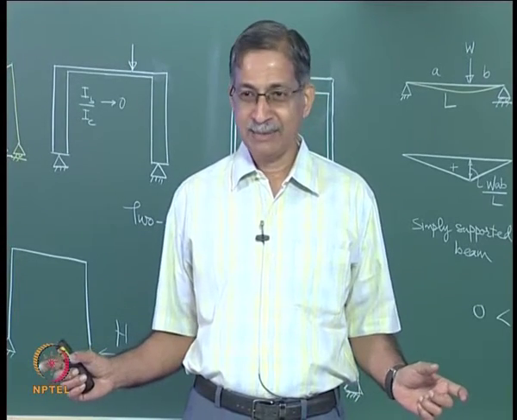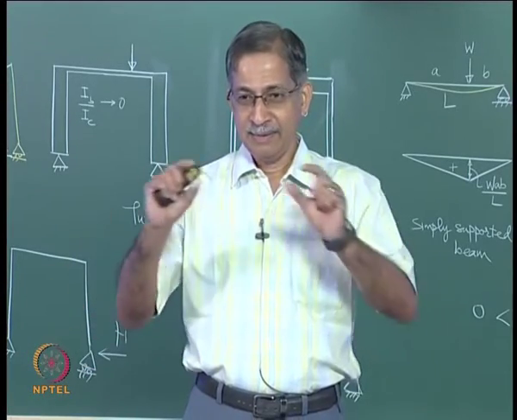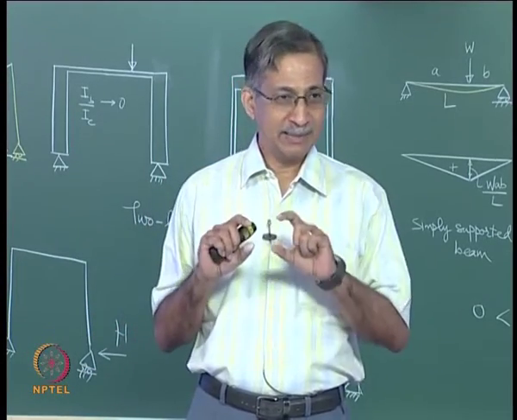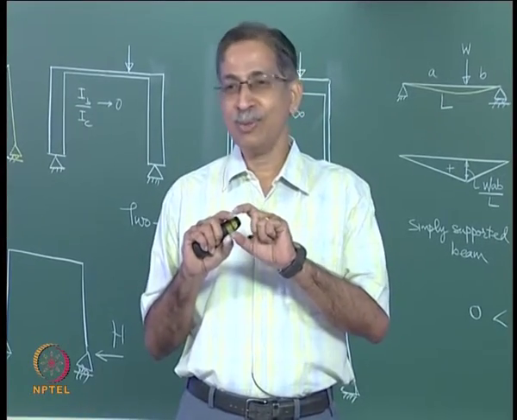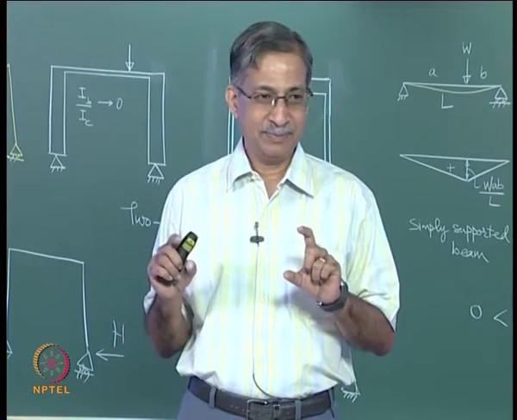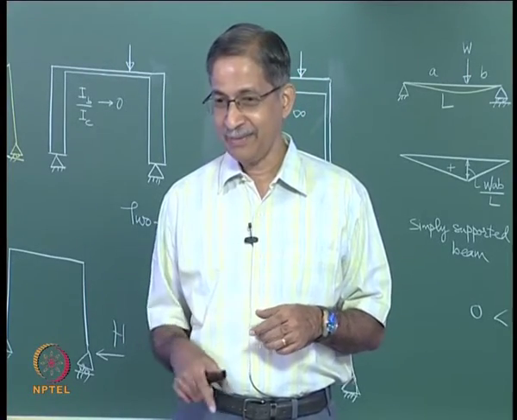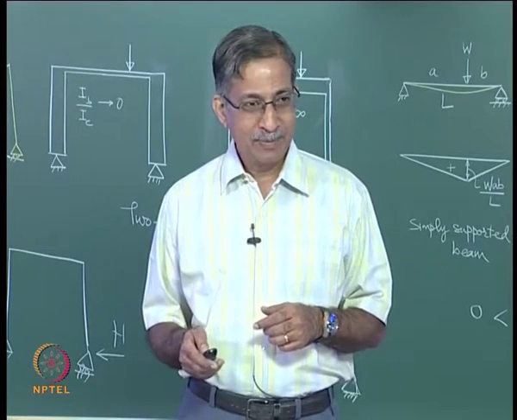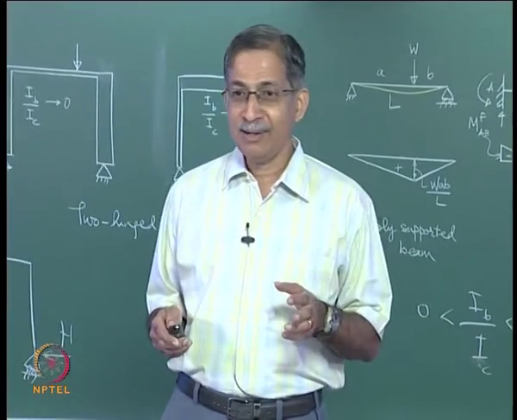So it makes sense to thicken the arch at the support and make it thinnest at the crown. Let us say the I at the crown is I naught. Can I assume a variation of I of x in terms of I naught, which will help me crack this problem? Yes, I_x is equal to I naught into square, that is what they did.